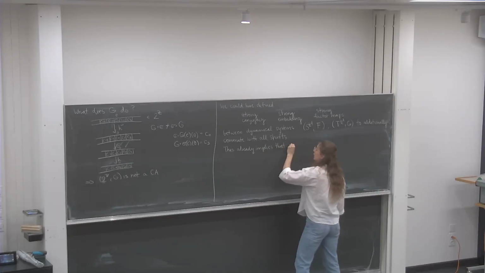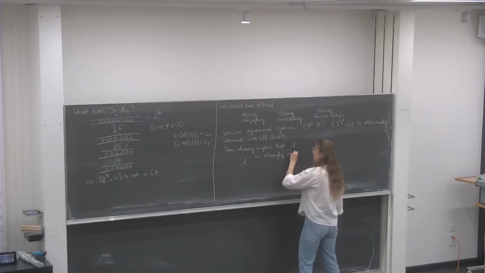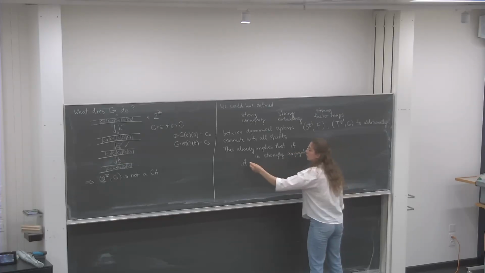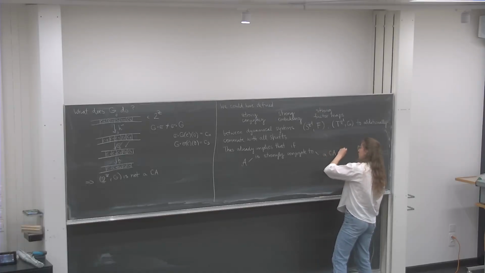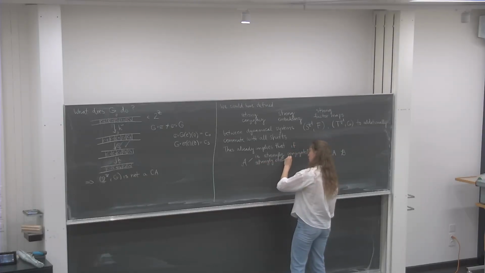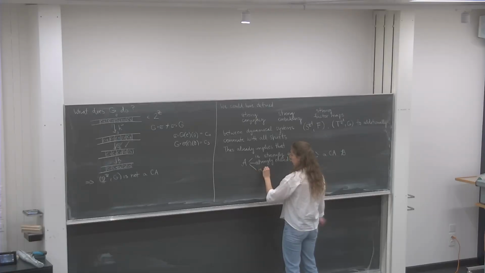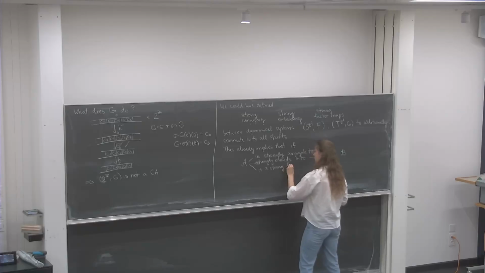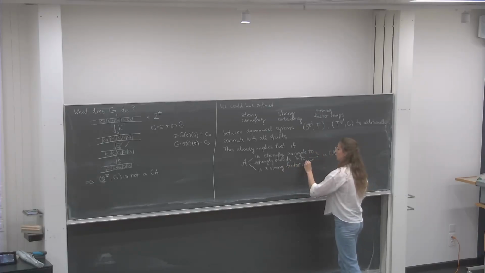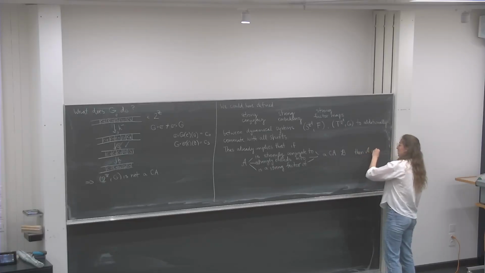that if A is strongly conjugate to a CA B, or strongly embeds into B, or is a strong factor of a CA B, then A is a CA.